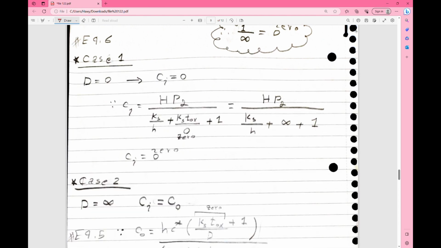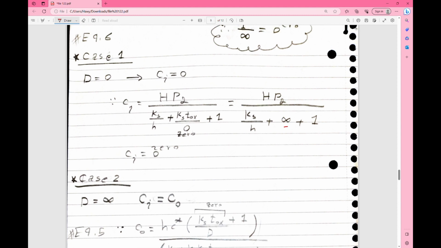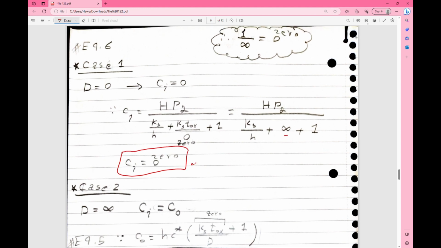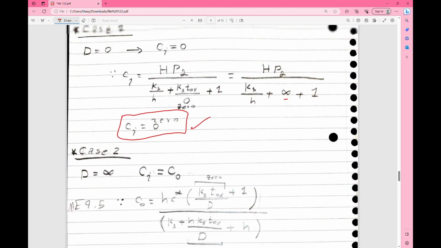So this part will be equal to infinity, and this constant over infinity will be equal to 0. This is case 1. This is the linear case. I will show you.